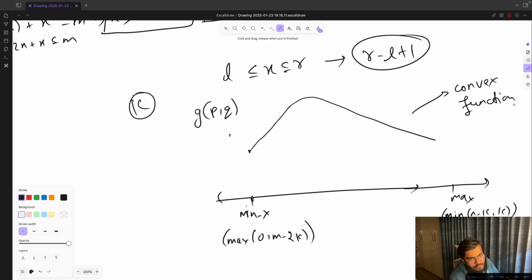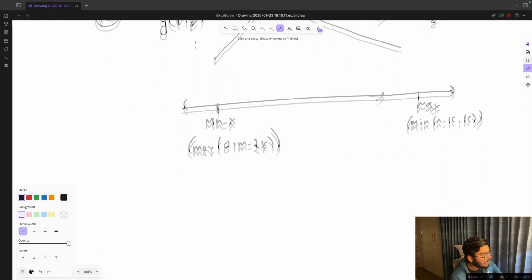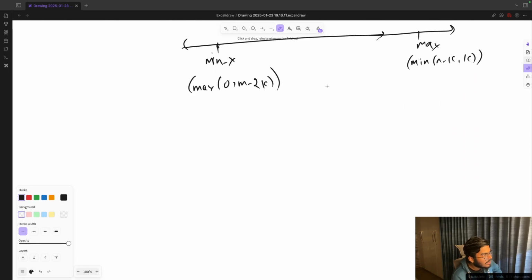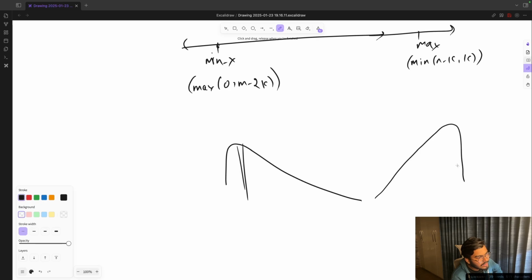It will first increase and then decrease, and that is why it is not like the maximum will happen at the middle point only. It can happen that it goes up and is very close to the minimum value, or it first increases and then decreases dramatically, so the maximum point was very close to the max value. It is not necessary that it will happen at the middle, right?